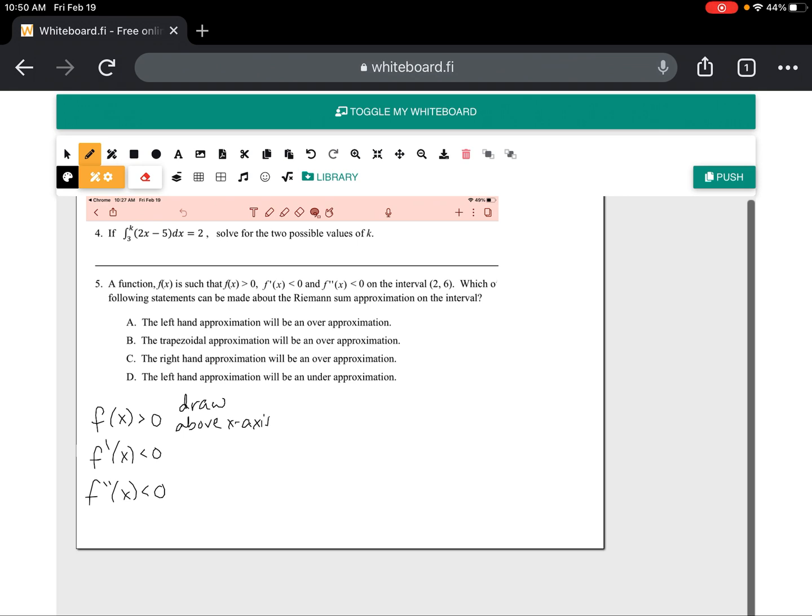Slopes of f. So every single slope of every single tangent line of f would be negative. Negative slopes. That sounds a lot to me like a decreasing function. Okay, so if f prime is negative, f is decreasing.